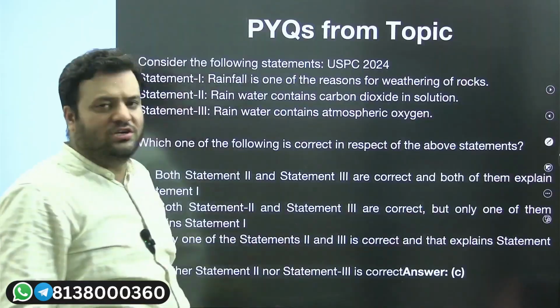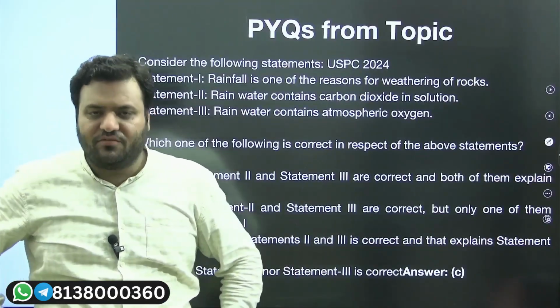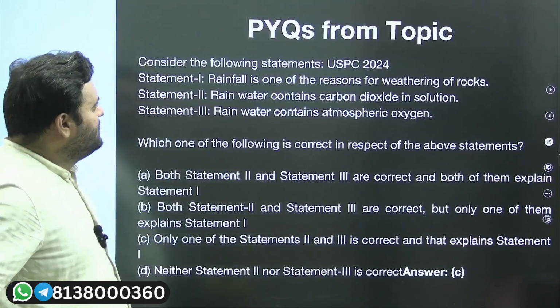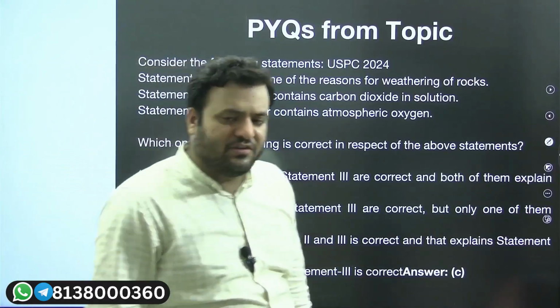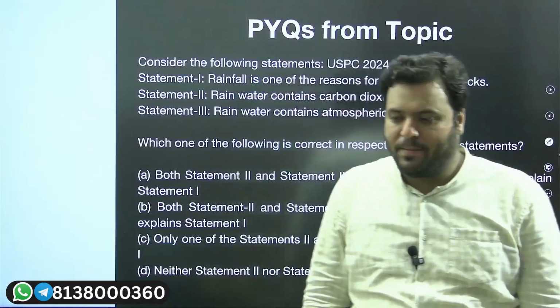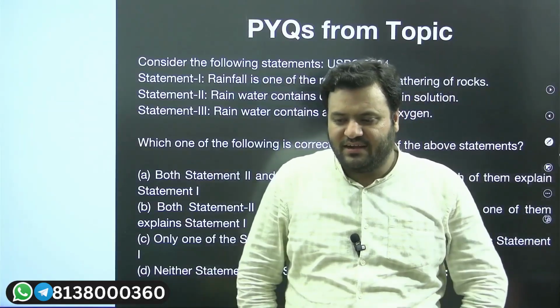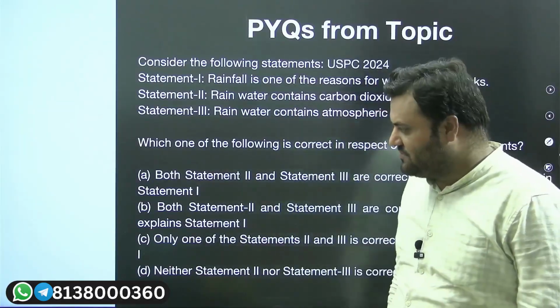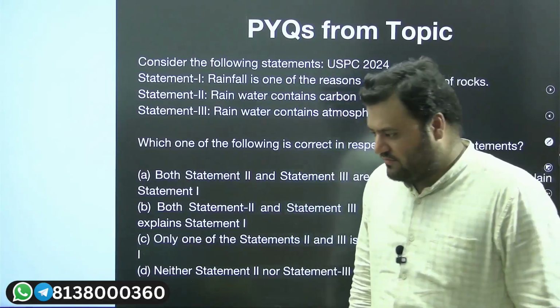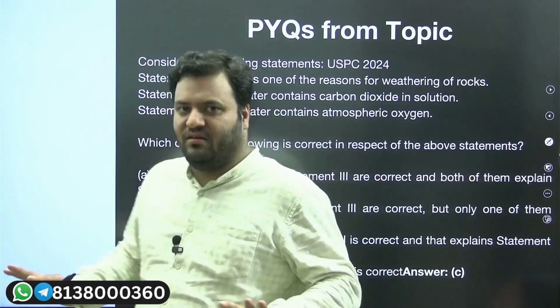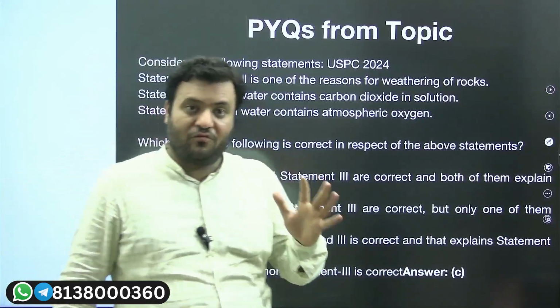let's see some of the questions which have been asked. With this karst landform feature, I hope there is clarity over the topics we have discussed so far. And with this, we have completed geomorphology.